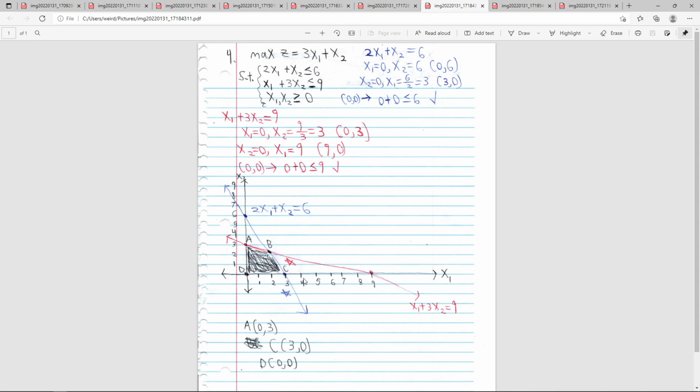I think one of my more accurate graphing methods. In scaling, I scaled the x1, x2 axes pretty well. And anyway, we have a quadrilateral ABCD again as our feasible region, because we included 0, 0 for both of these lines, so it goes down.